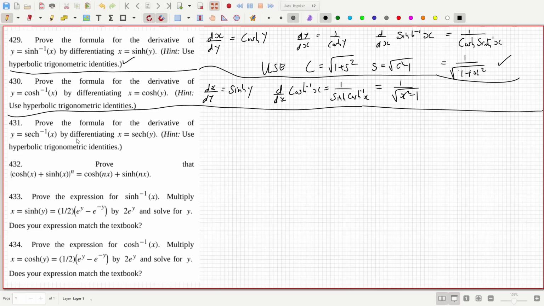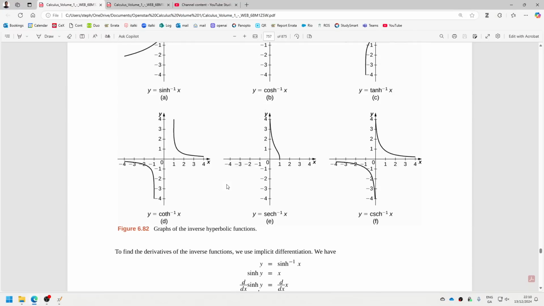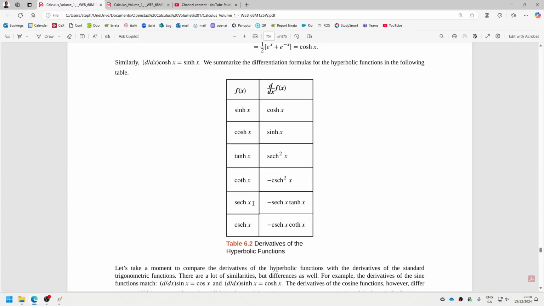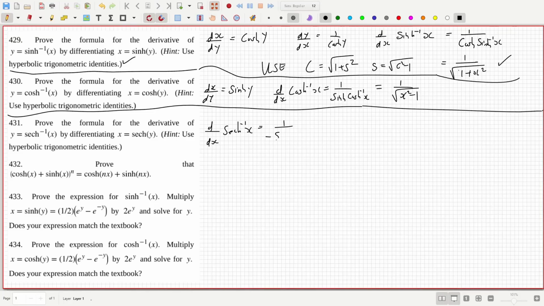Prove the formula for the derivative by differentiation. Okay, so we get the same thing again. We'll get the derivative of sech inverse x will be 1 over the derivative of sech. The derivative of sech is minus sech tanh, not x, sorry, y.